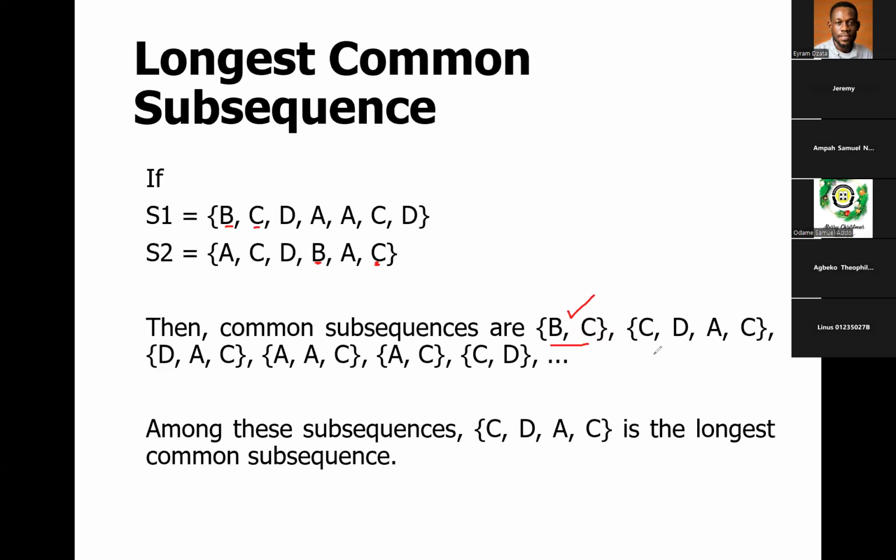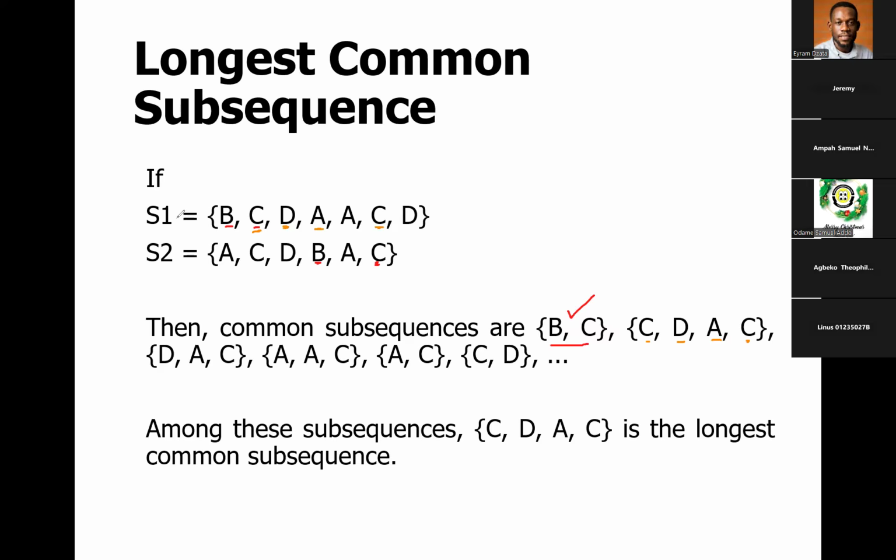Now, the next one is C, D, A, C. Is this subsequence common to S1 and S2? Yes, sir. If we take S1, we can see C, we can see D, we can see A, and then C again.